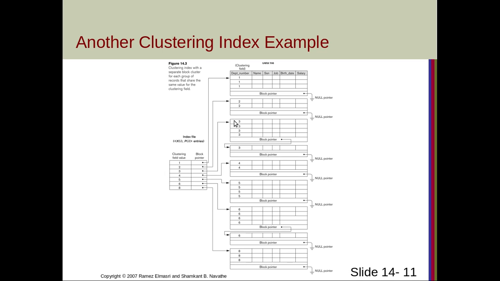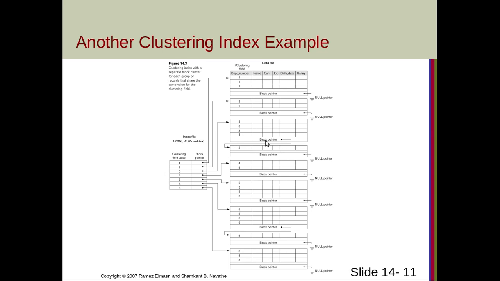And in the third block, we have 4 records which have the key value department number equal to 3, and 1 more record we have to store. In that case, there will be overflow, and a new block is allocated, and that block is pointed to by the last.